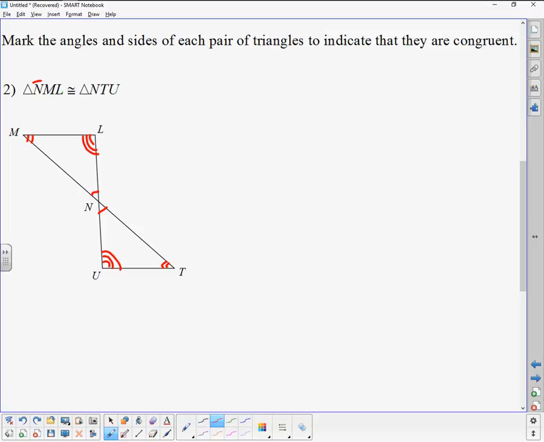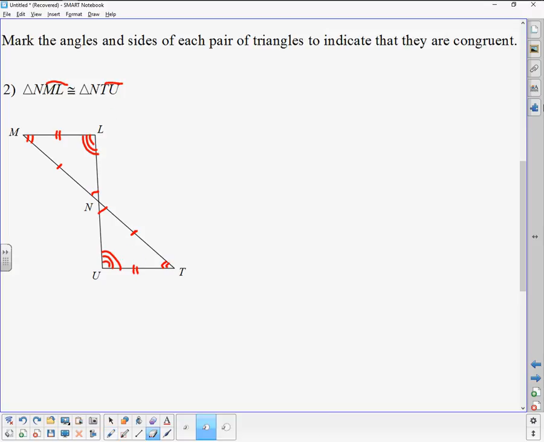Line segment NM corresponds to line segment NT. So NM is this side, and that is congruent to NT. This is NT. Now, if I look at the last two letters, ML, here's ML. You put two tick marks, and that is congruent to TU. TU will be this one.